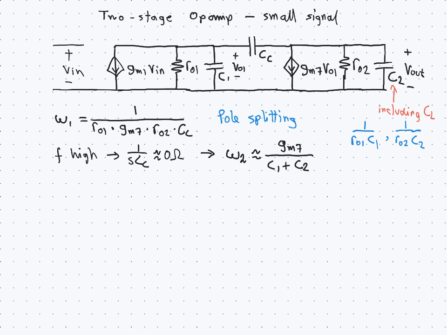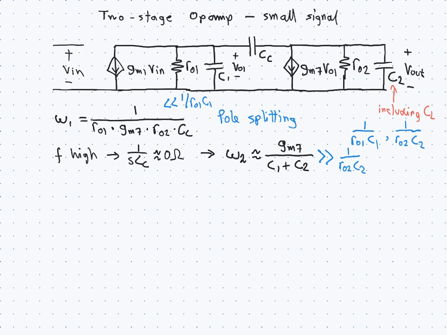So since the transconductance, 1 divided by that, is much smaller than the output resistance, you can see omega 2 would be sitting at a much higher frequency than we have from a single stage. Likewise, omega 1 sits at a much lower frequency. And that means instead of having two poles from the individual stages that sit at similar frequency, we have one that sits much lower and one that sits at a much higher frequency. So this makes an overall much faster amplifier, since omega 2 has moved up in frequency.